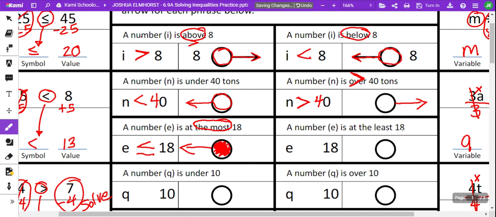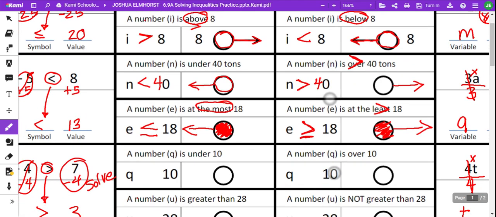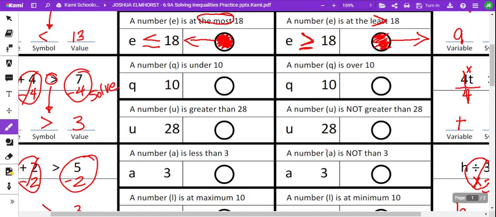A number is at least 18. 18 is the least. If 18 is the least, that means everything else is greater than. A number Q is under 10.